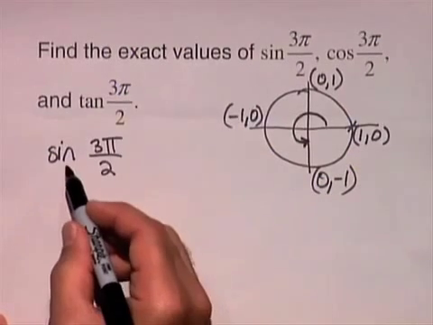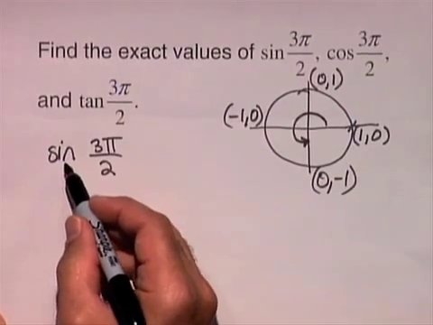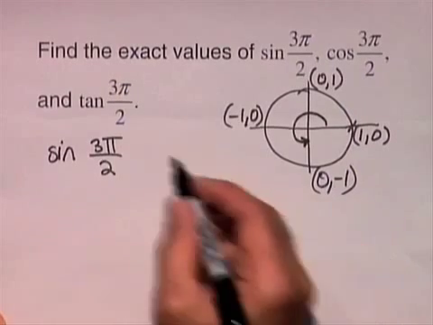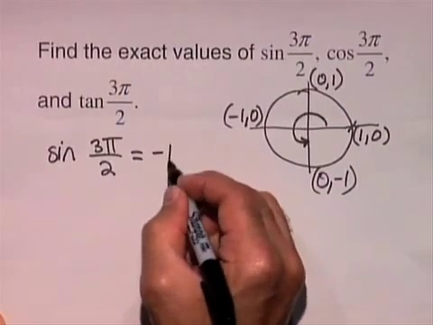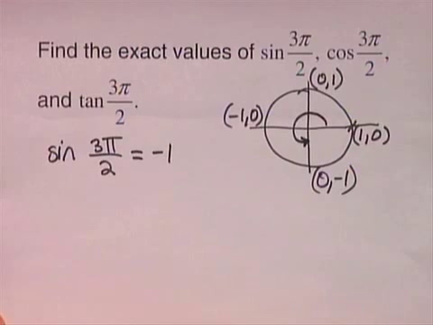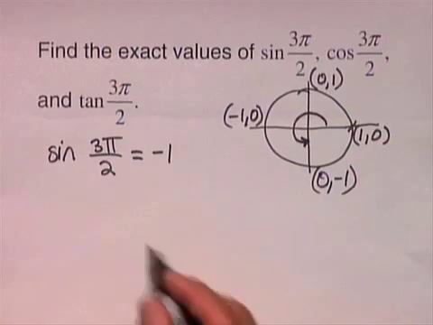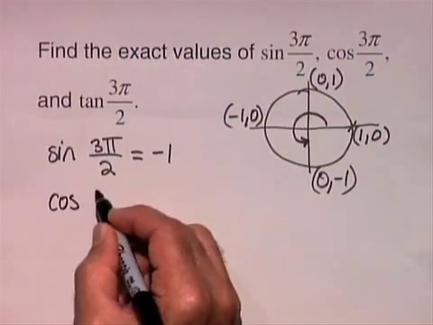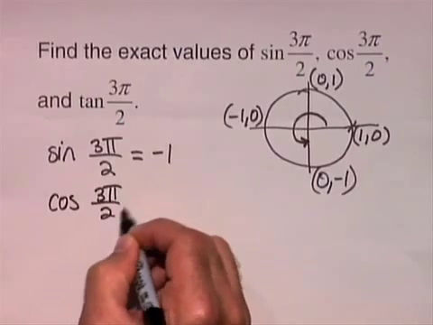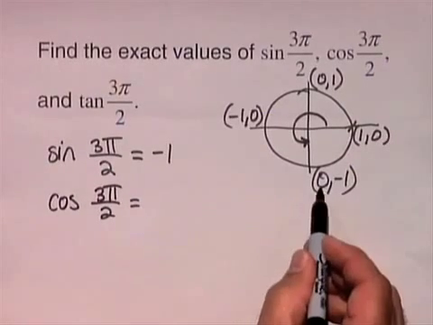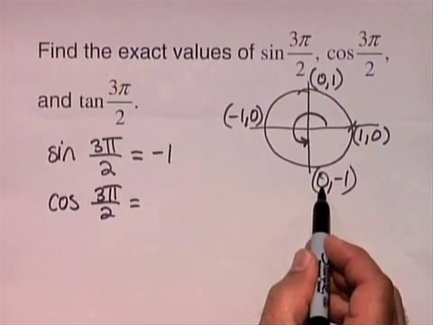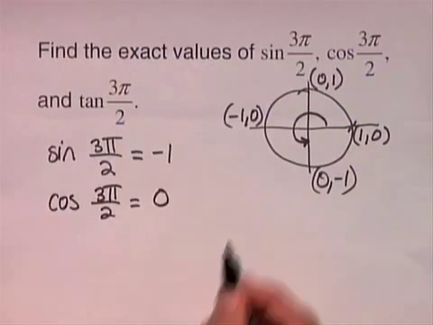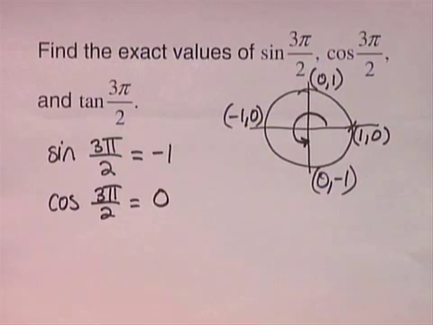Since we know that sine is the corresponding y value, then the sine of 3 pi over 2 is negative 1. For the cosine of 3 pi over 2, we look for the corresponding x value, which is 0, so cosine 3 pi over 2 is 0.